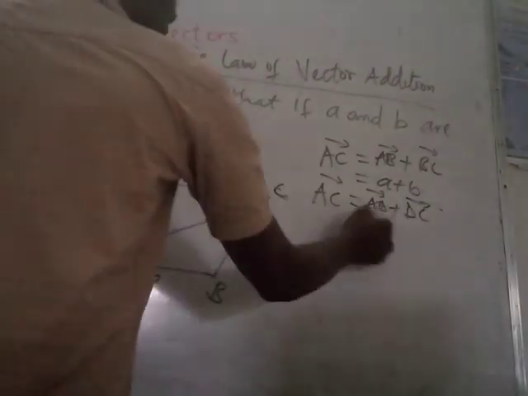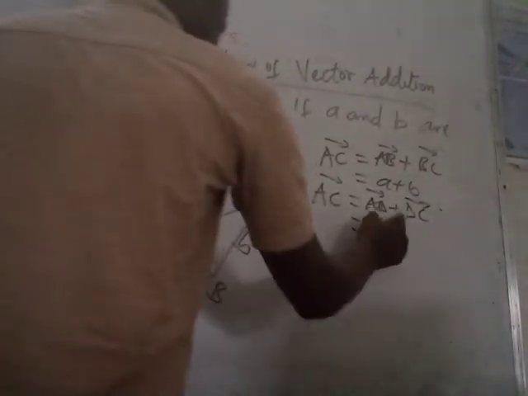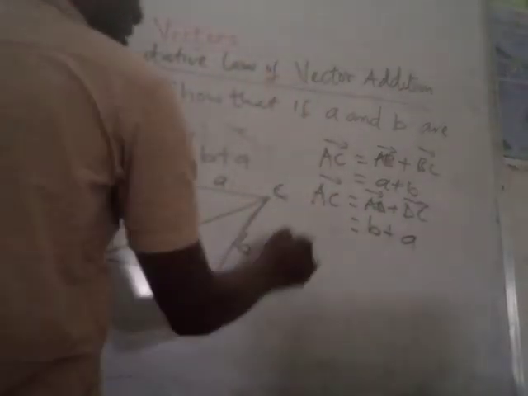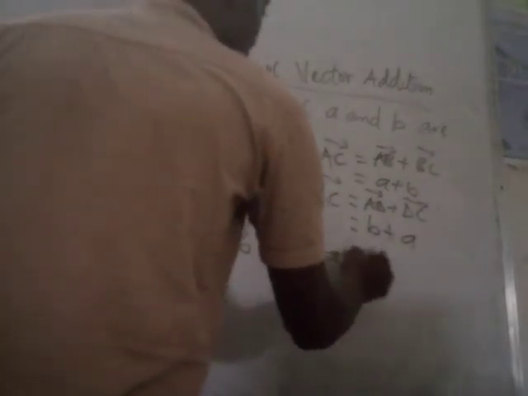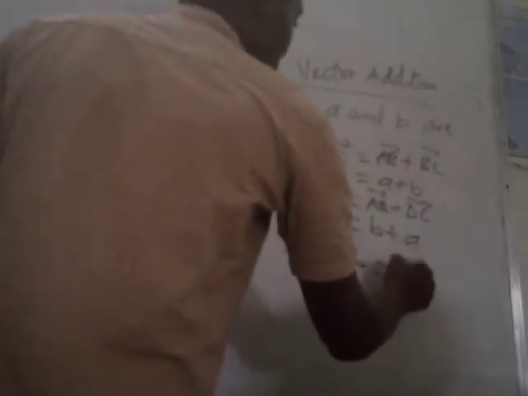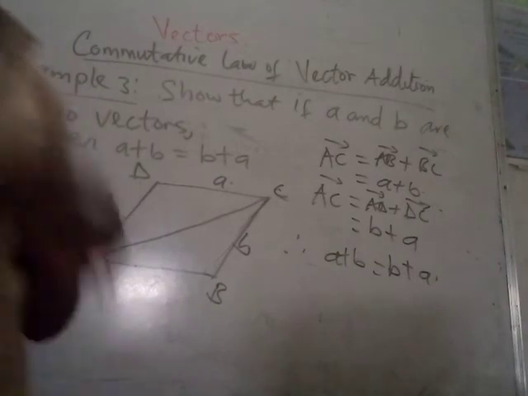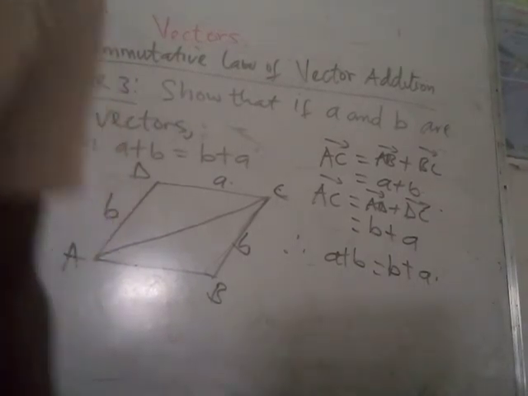So that will give us AD is what? B, plus DC is what? A. So from here you can see that therefore A plus B is equal to B plus A. This is known as the commutative law of vector addition.